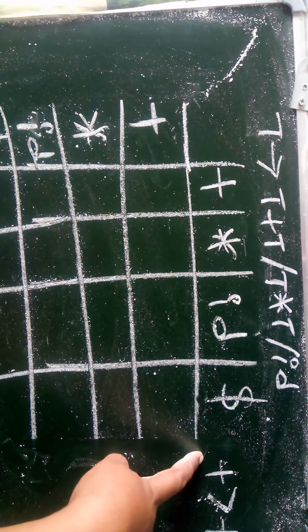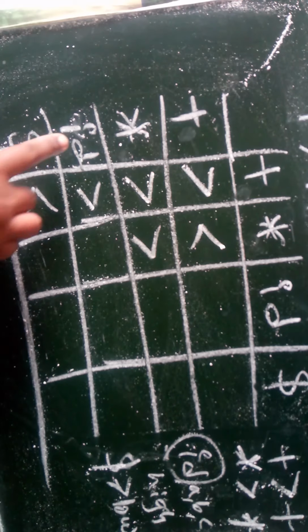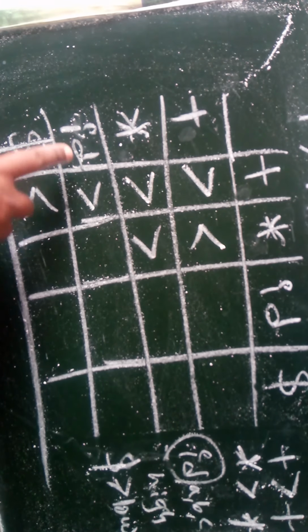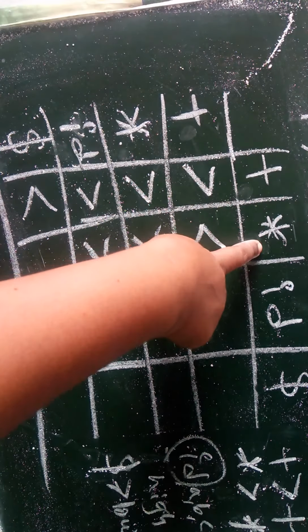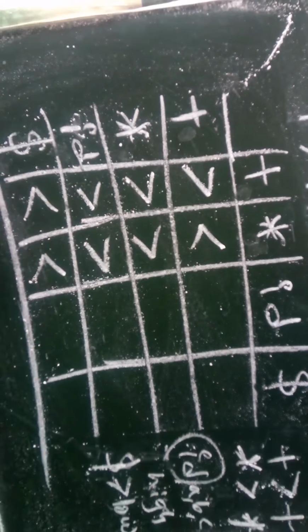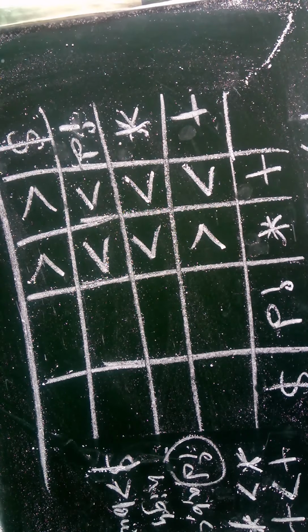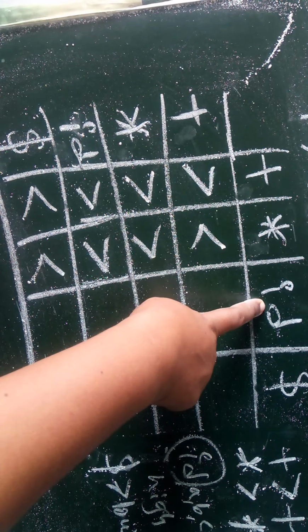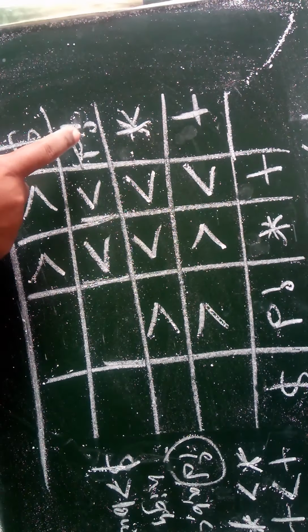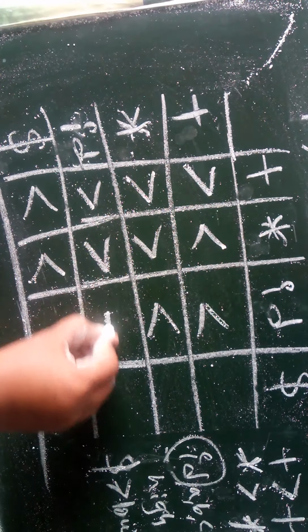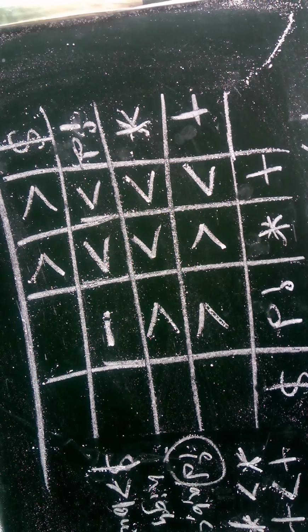Again plus into: the highest priority is given to into. ID star: high priority is given to ID. Dollar star: star is given higher priority. Plus ID: ID is given higher priority. Star ID: ID is given higher priority. ID means we simply put a hyphen.